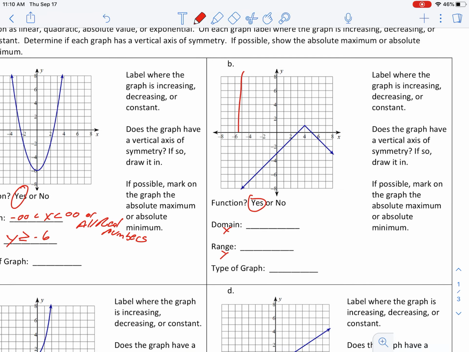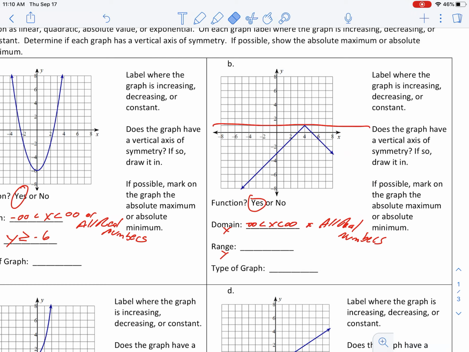On the next one, letter B, the domain is the x's. So again, I don't have a wall here. I don't have this bookend. It continues past that. The domain's going to be everything. Negative infinity, positive infinity, or all real numbers. The range is where things usually kind of change up. I'm looking at floors and ceilings, and I have a ceiling right here.